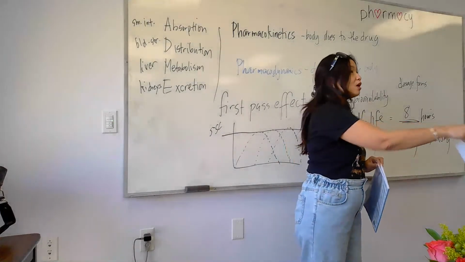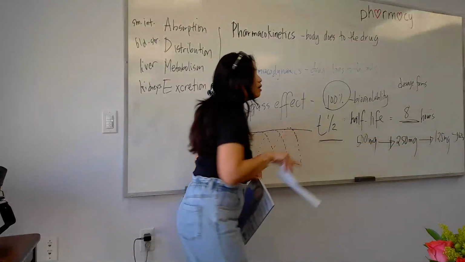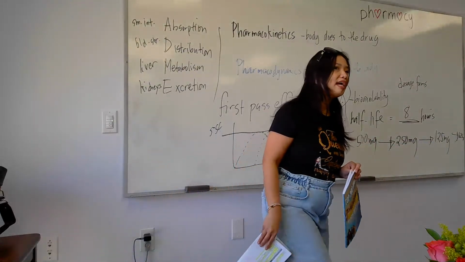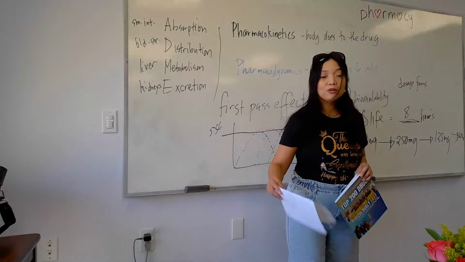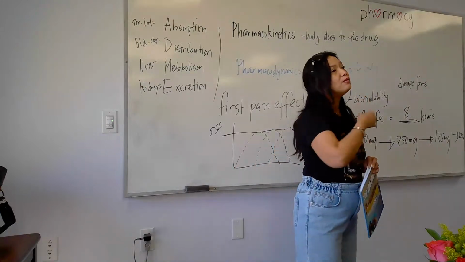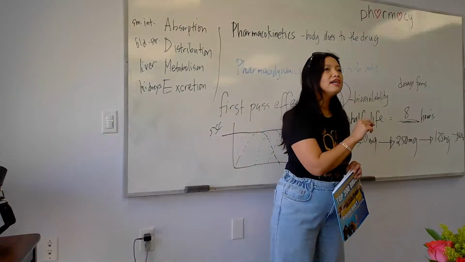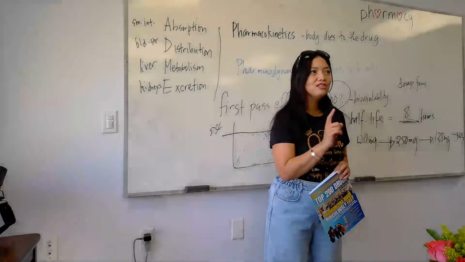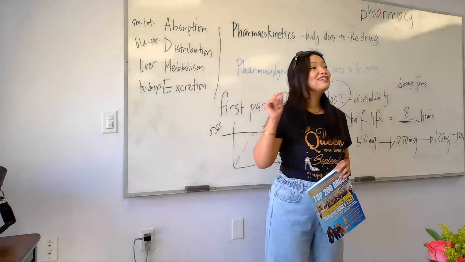They're checking if you know that the number one side effect of Tylenol or acetaminophen is liver damage. Take note of that. They want to check if you know that the number one side effect of NSAIDs, non-steroidal anti-inflammatory drugs, is gastric.